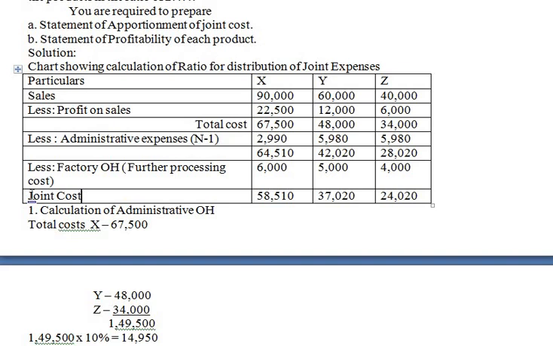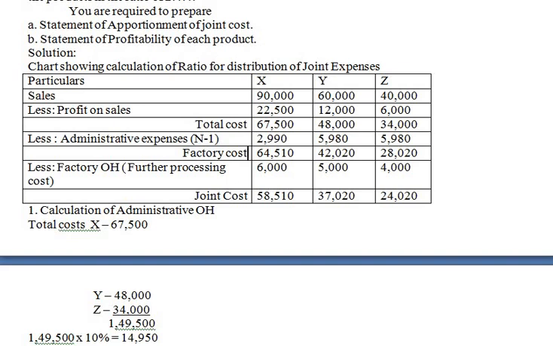This is called joint cost. Hope everybody has understood up till here. Here I forgot to mention that this is factory cost. Hope up till here it is clear to everyone.